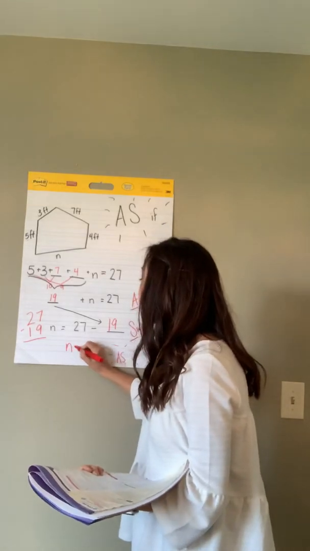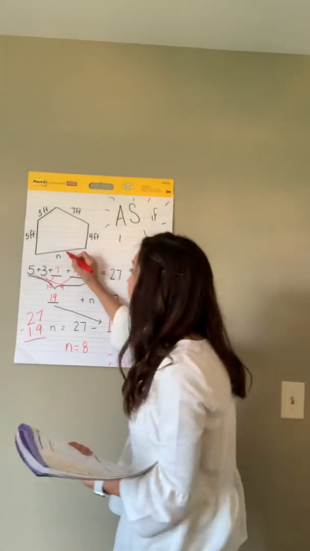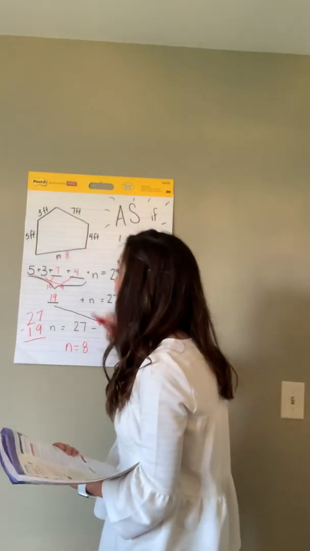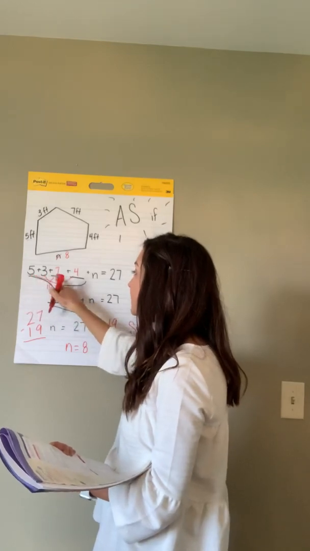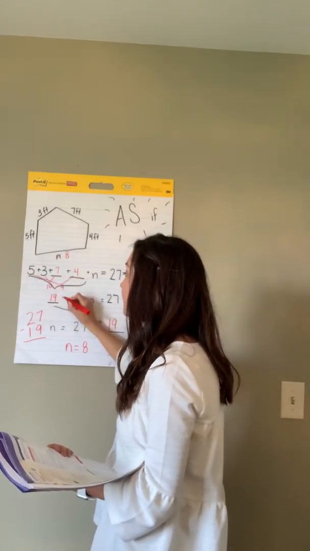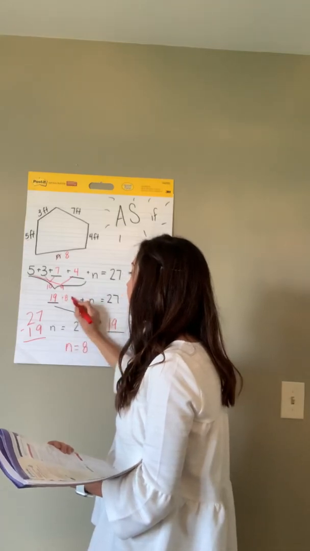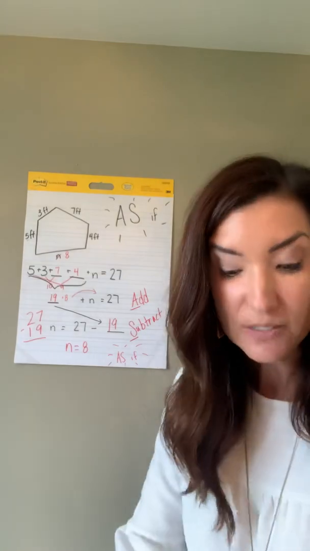So n equals 8. Now if we put the 8 here and said 5 plus 3 plus 7 plus 4 plus n, so 19 plus 8, it would give us our 27. All right, so that's what we're going to be doing today.